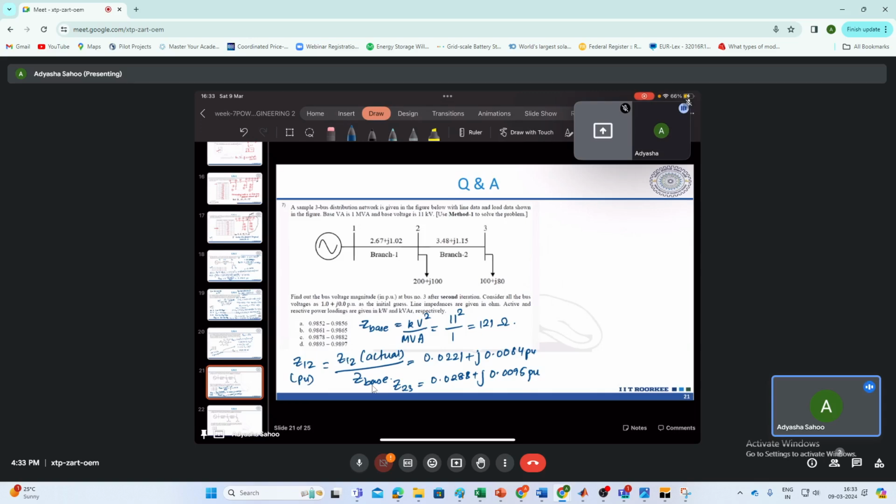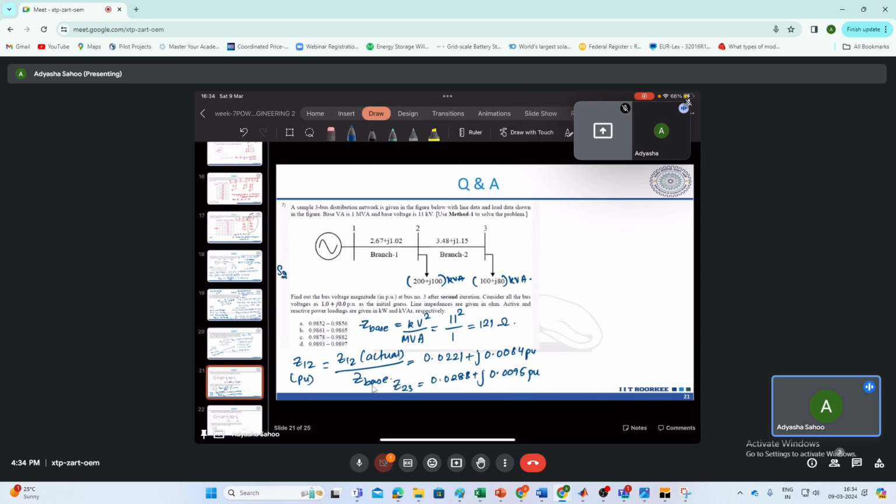This is in kilowatt basically. Sorry, not watt, kVA, because this is apparent power, right?